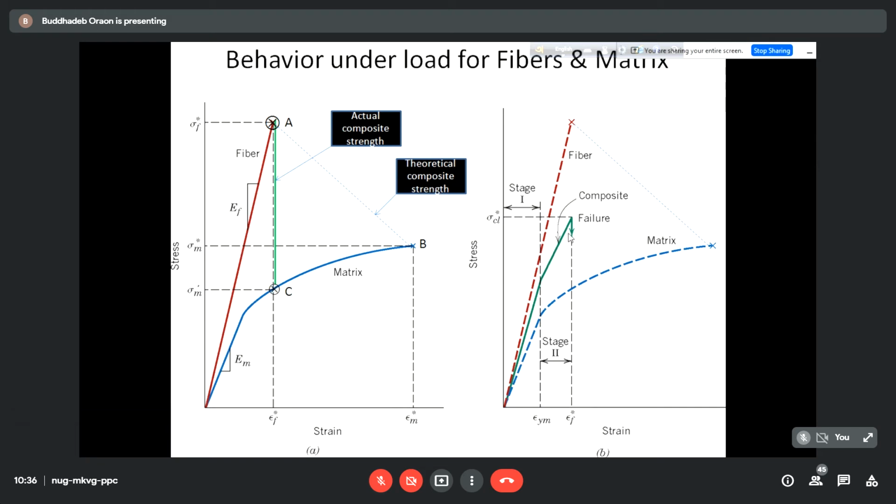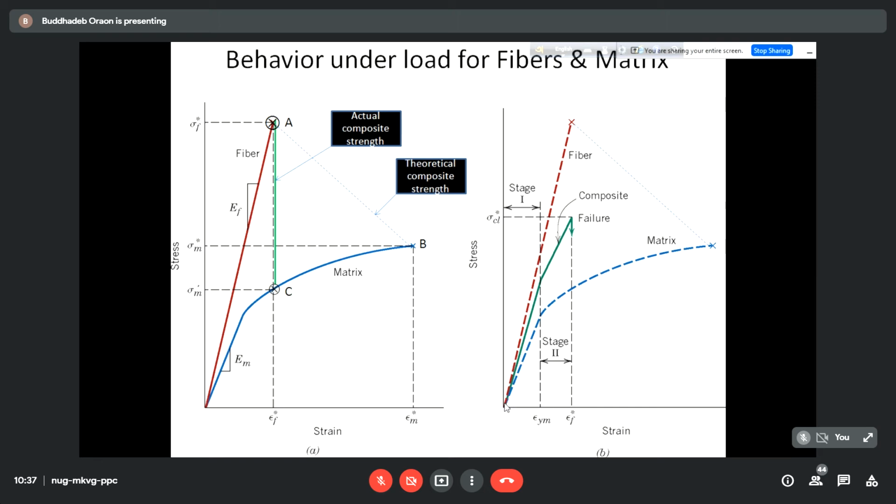What will be the pattern? Initially the stress strain diagram will be linear with a higher slope, but after a certain period of time, when the matrix starts yielding, the slope of the curve will be slightly less, and still it will be linear because the effect of the fiber will be more. Actually, let me explain it in a bit more detail. What is happening here?